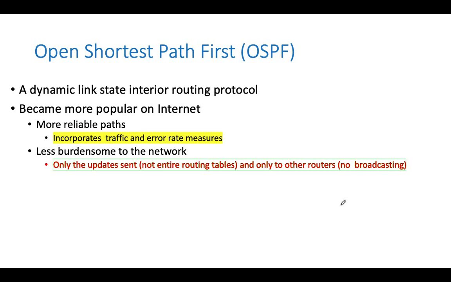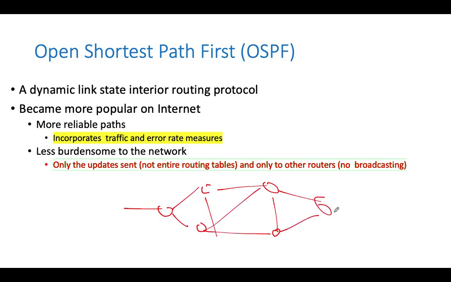There is no broadcast every 30 seconds. There is no broadcast like that. What happens exactly at the beginning of building the table? And by the way, that happens when you use Packet Tracer and try to see it visually.